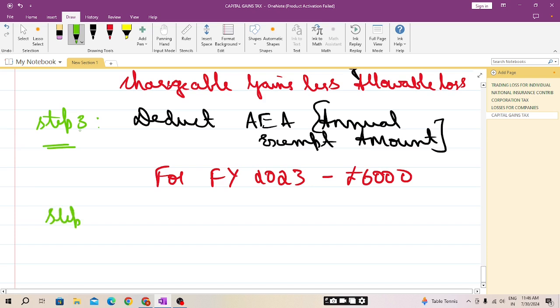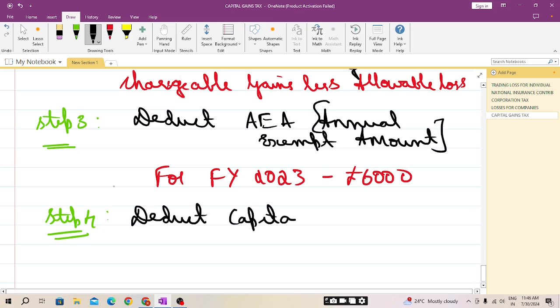Then coming to the step number 4, students. The step number 4 was to deduct capital loss brought forward. Each step will be covered in more detail, students. This is the approach which we need to follow in order to calculate it.